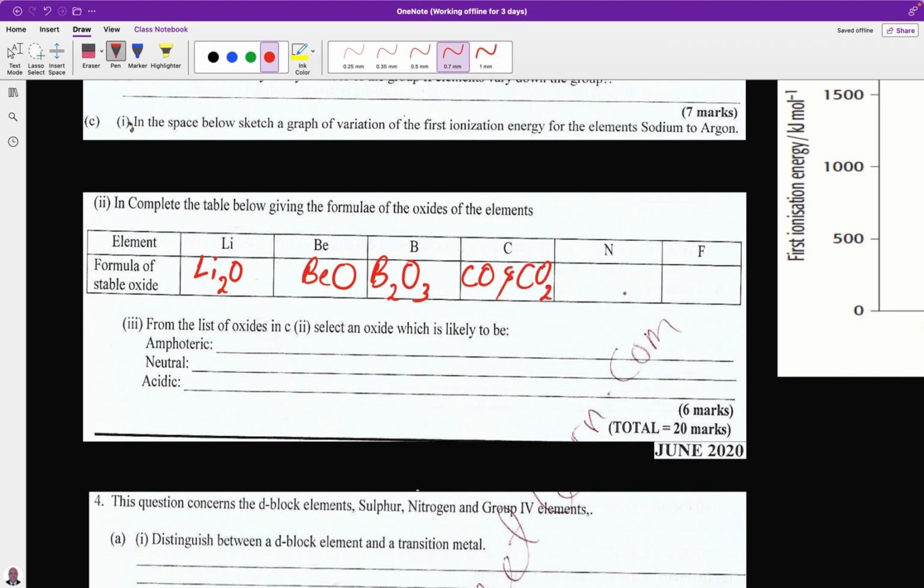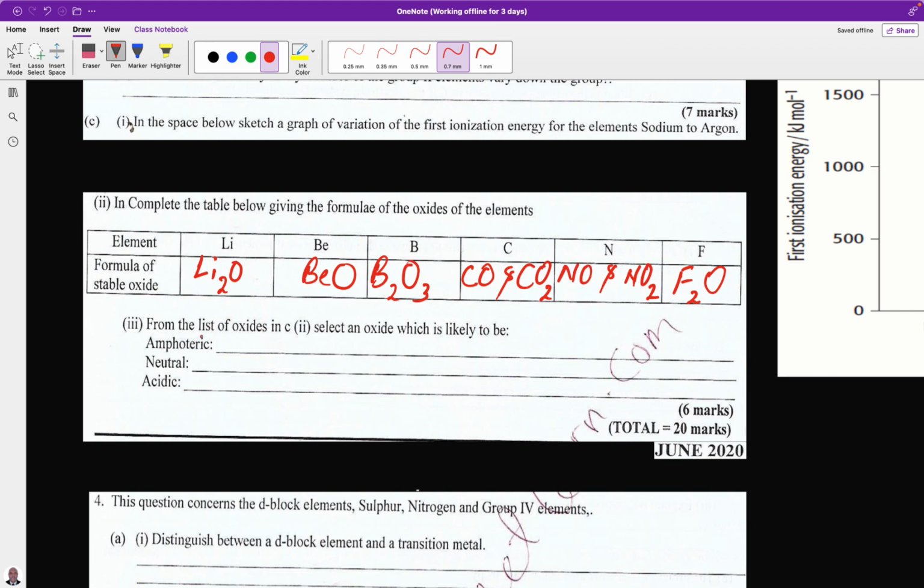And for nitrogen, we will also have nitrogen monoxide and nitrogen dioxide. And then for fluorine, we will have F with oxygen, something like that.